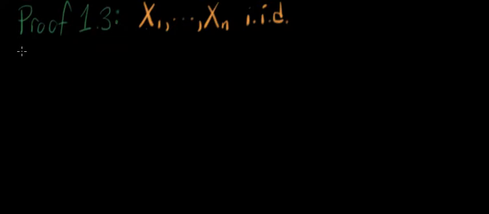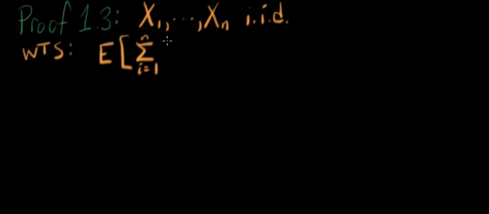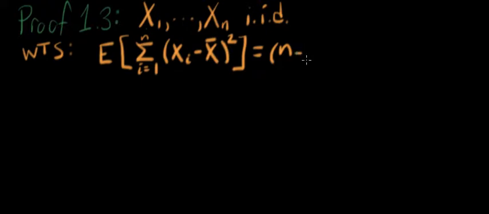Okay, so what we want to show in this proof, our task is to show that the expected value of the sum of each Xi subtract X bar squared, so the expected value of the sum of all of these squares, is in fact equal to n minus 1 times our variance.